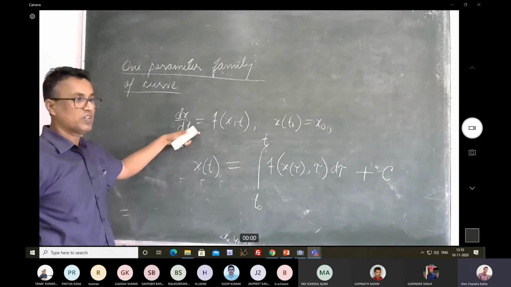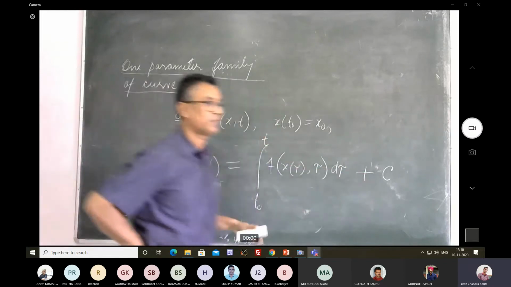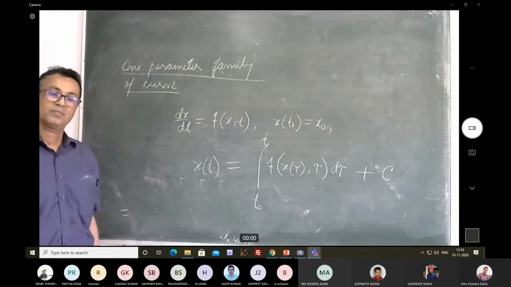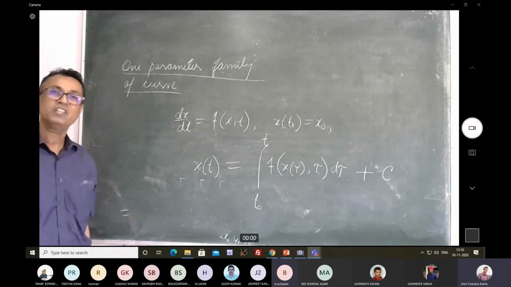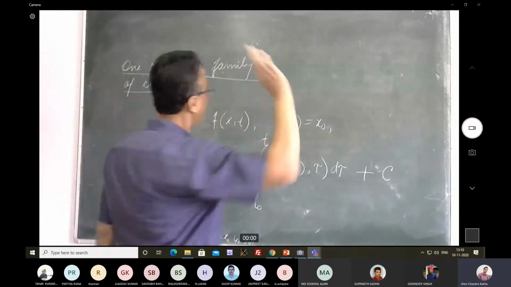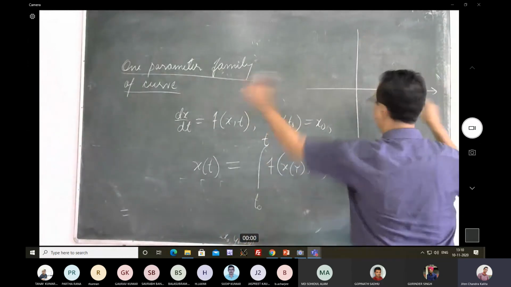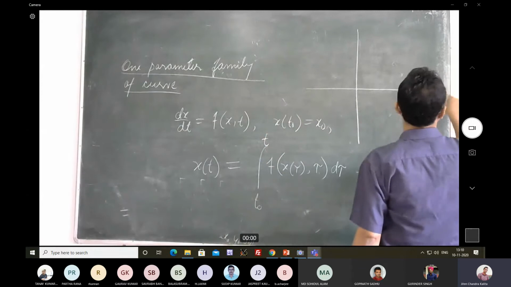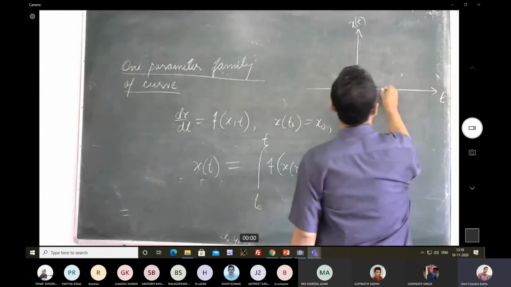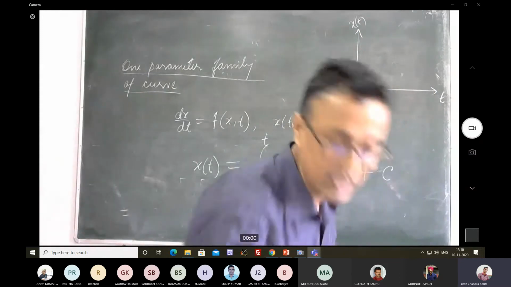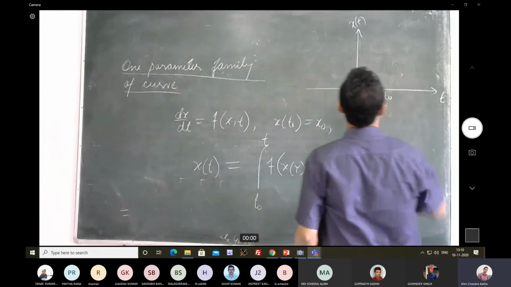If I want to solve this equation, I can solve it like this, isn't it? I just want to give you a picture of how you are going to visualize it. Only for that I'm writing this. See, this is t, suppose this is x(t), and somewhere here you have t0.